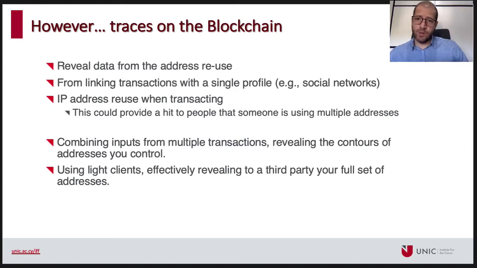IP address reuse when transacting can also leave a trace about your identity. And all I'm trying to say here is that if we combine these inputs from multiple transactions, we are likely revealing interesting insights about the entities that are controlling these addresses.